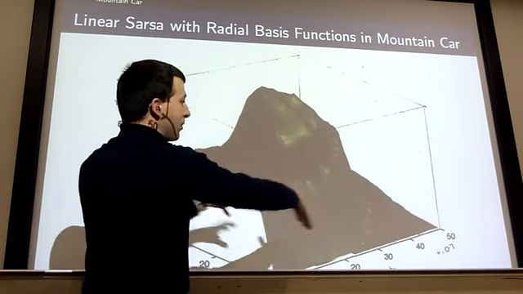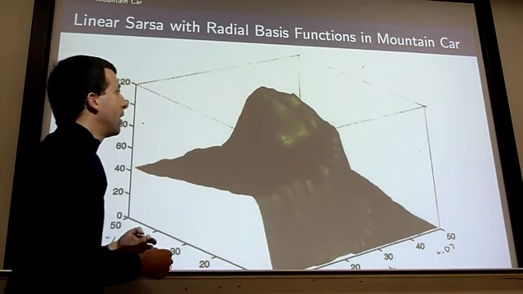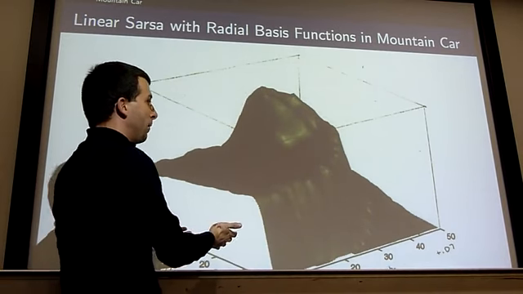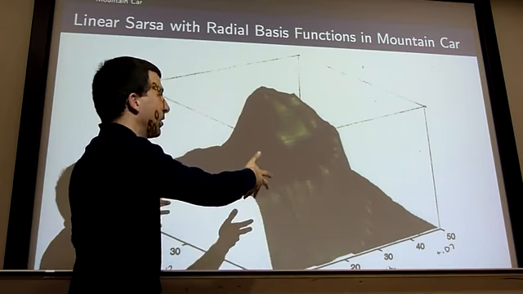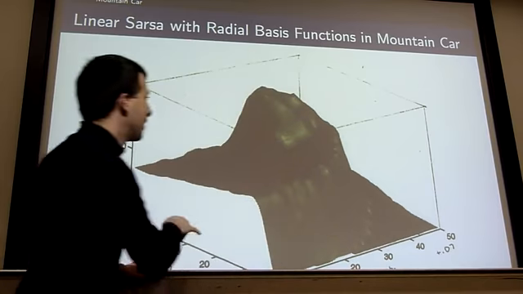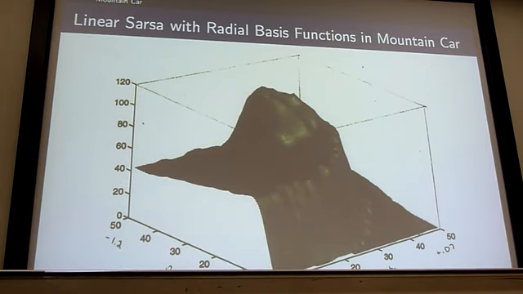A whole load of Gaussians have been thrown around representing different combinations of position and velocity, and the value function is estimated by a linear combination of all of these Gaussian response functions with corresponding parameters. And again, you can start to see, not super well on this projection mode, that spiral structure emerging very smoothly after a relatively small number of episodes.